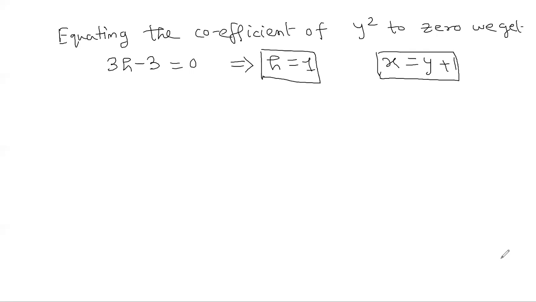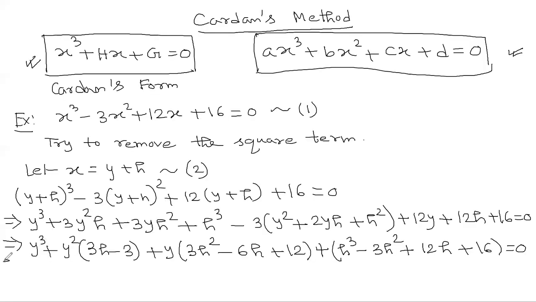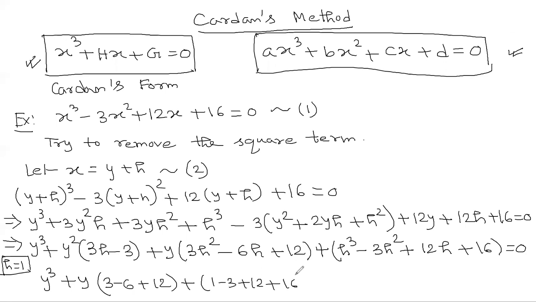Let us see what is the form of that cubic equation. For h equal to 1, what do you get over here? It is y cube, this term becomes 0, plus y times 3h square minus 6h plus 12, with h equal to 1, so 3 minus 6 plus 12, plus the constant 1 minus 3 plus 12 plus 16 equal to 0.